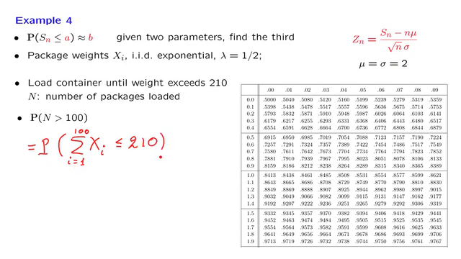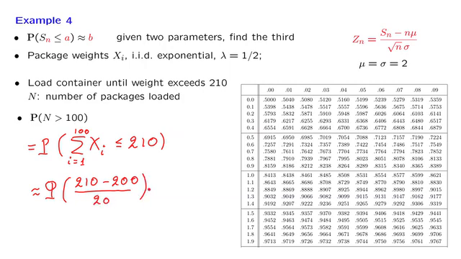But now we're back into a problem that we know how to solve, and the way to solve it is to take this random variable, standardize it. This actually is essentially the same calculation as in our very first example, and we will get the standard normal CDF evaluated at 210 minus the mean of this random variable, which is 200, divided by the standard deviation of this random variable, which is 20.